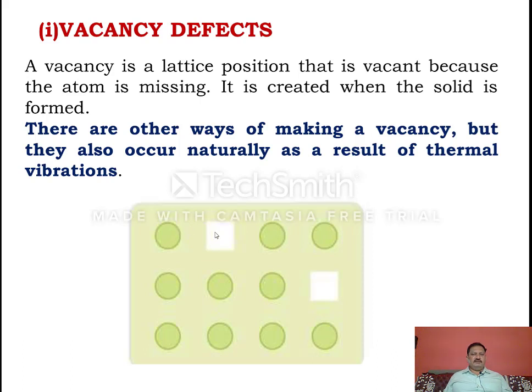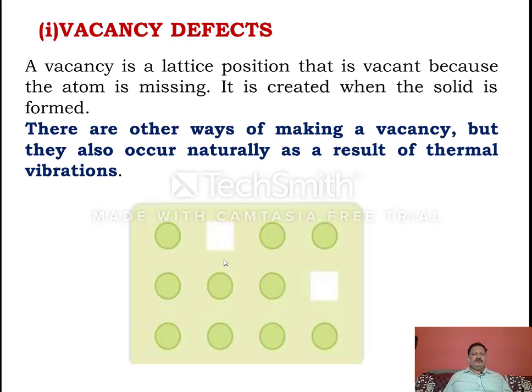Actually in a crystal lattice, atoms have to occupy their own sites, but at some places in the crystal lattice, the atoms are missing. This missing of atoms may be because of thermal vibrations, or because of defects happening during the process of crystallization, that is the transition from liquid to solid state.